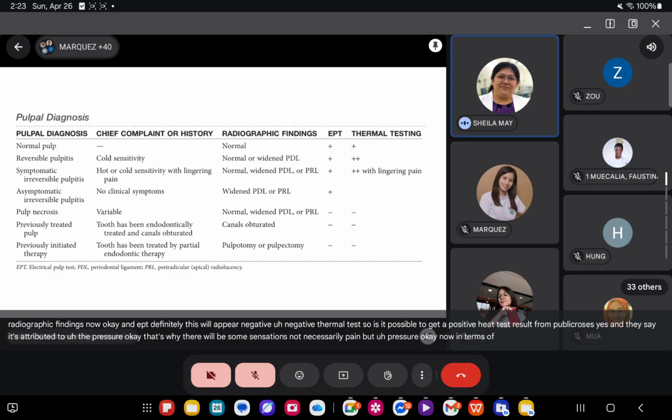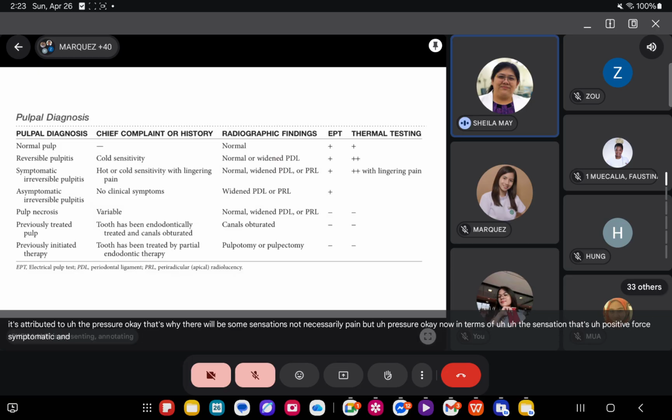Now, regarding the sensation that's positive for symptomatic and asymptomatic irreversible pulpitis, I said that they would both respond to thermal tests, but the quality of the sensation will be different. For asymptomatic irreversible pulpitis, it's something that's bearable compared to symptomatic irreversible pulpitis.